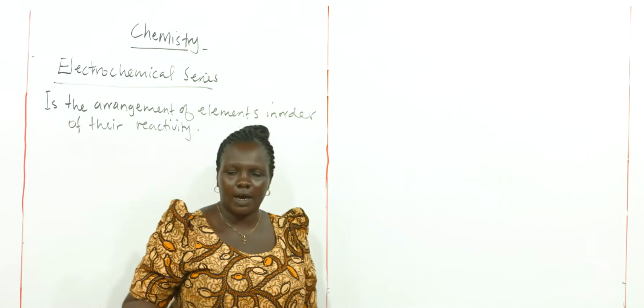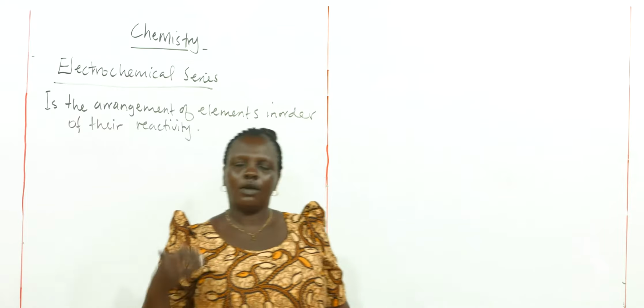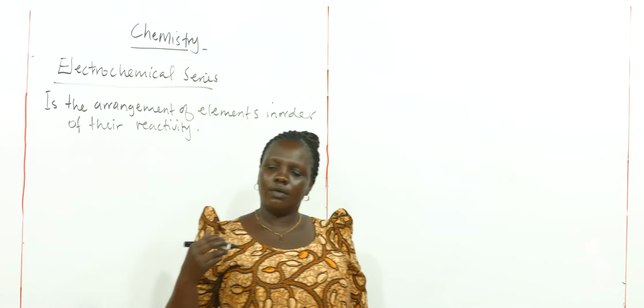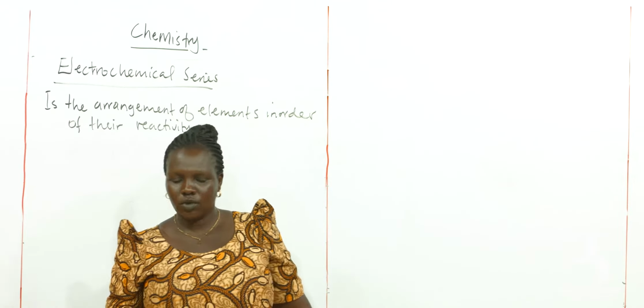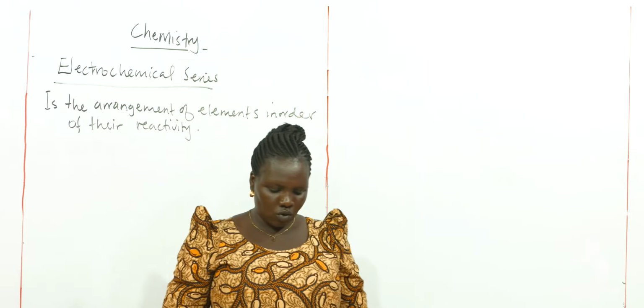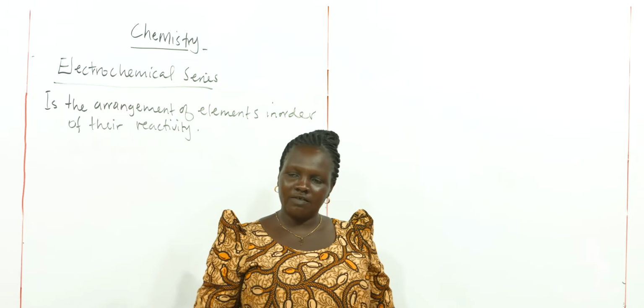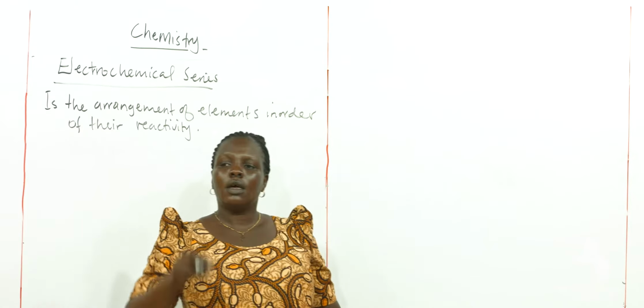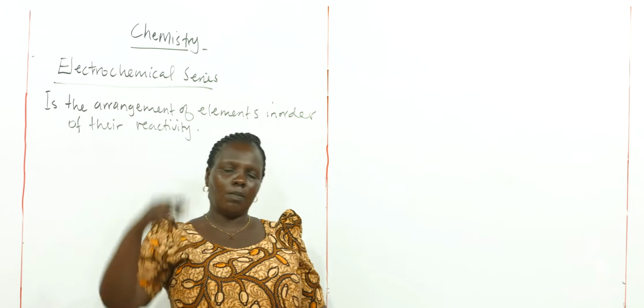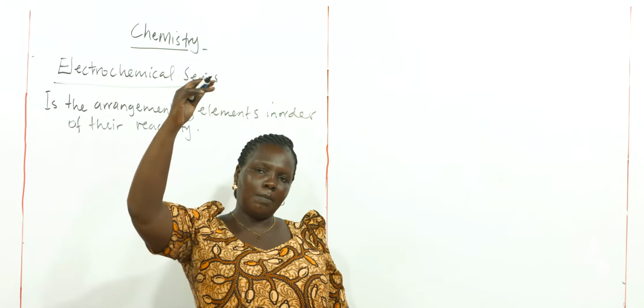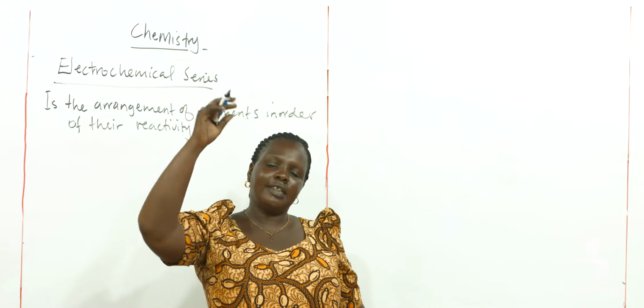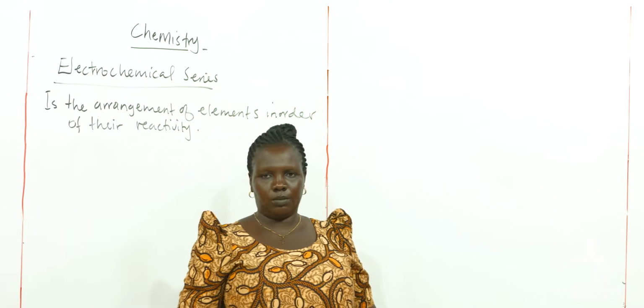How reactive metals are, how reactive an element is compared to the other. In the reactivity series, the most reactive elements are placed at the top, and the least reactive are at the bottom.